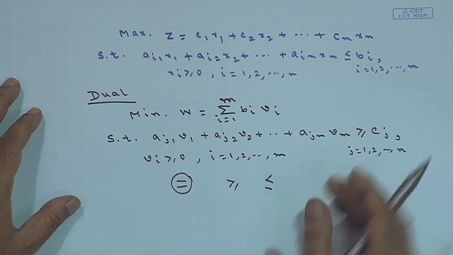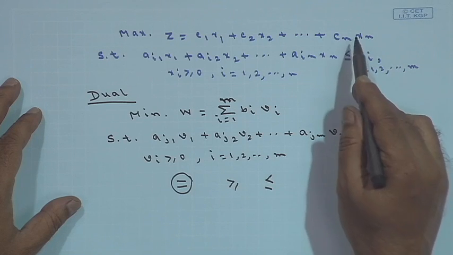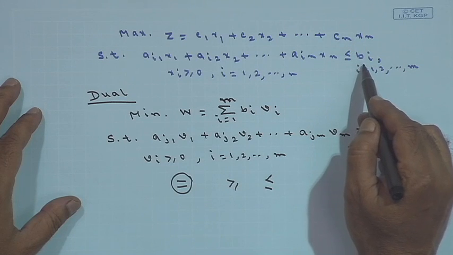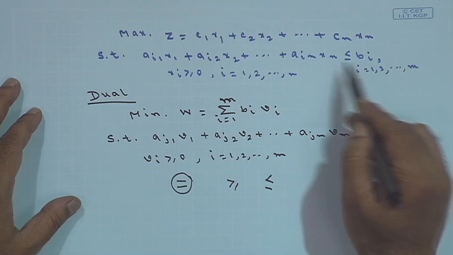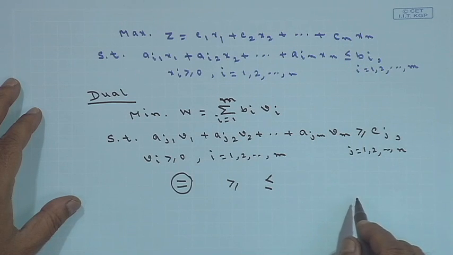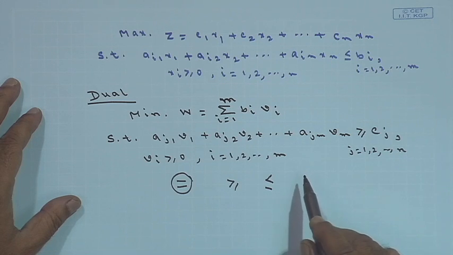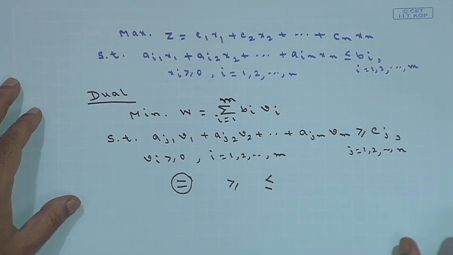So, this we will assume as the standard canonical form of the original problem, and if it is not in canonical form, first I will convert my LPP into canonical form, and then write down its dual in this particular format.